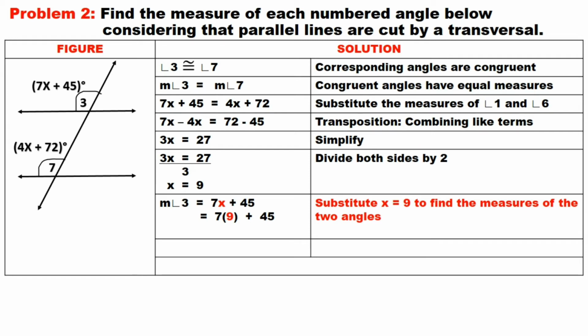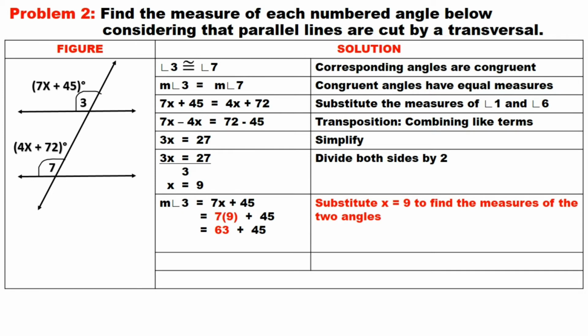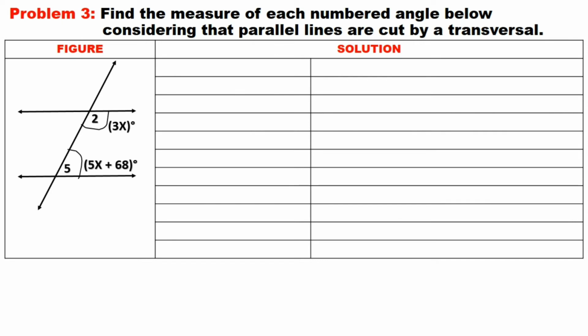So measure of angle 3 equals 7x plus 45 will become 7 times 9 plus 45. 7 times 9 equals 63 plus 45 equals 108. So the measure of angle 3 equals 108. Measure of angle 7 is also 108 just because they are corresponding angles of parallel lines cut by a transversal. Let's proceed to our problem number 3.